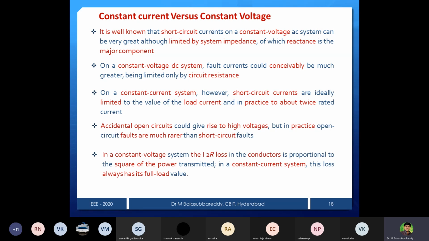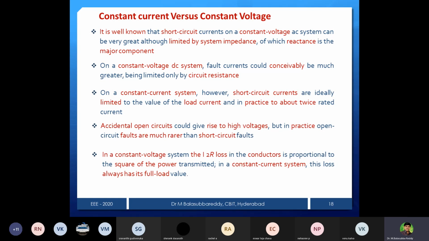In a constant voltage system, the I square R losses in a conductor are proportional to the square of the power transmitted. When constant voltage is there and you are transmitting power in the line, obviously you need to make use of the current there. Then I square R loss comes into the picture, so that loss will be the square of the power transmitted.